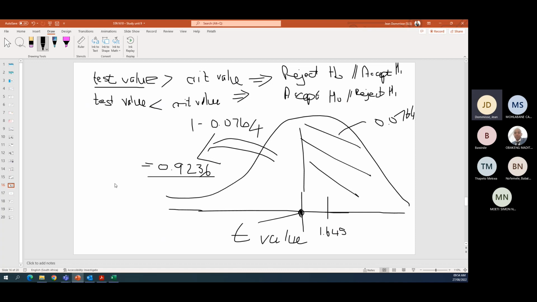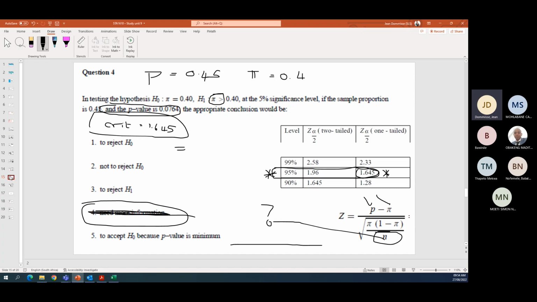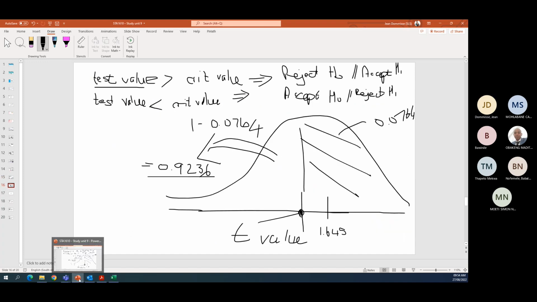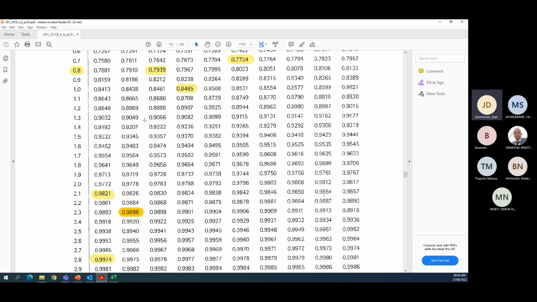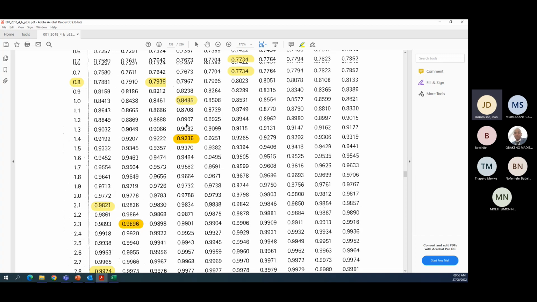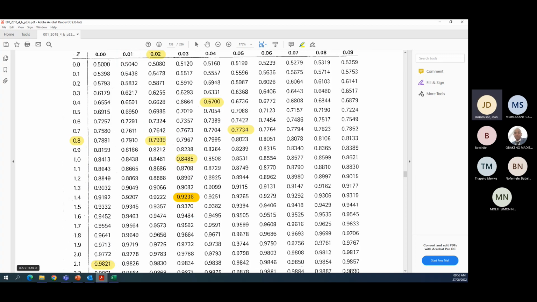Okay, so let's go to our tables and see if we can get a value for that. 0.9236, so 1.4, 1.43.